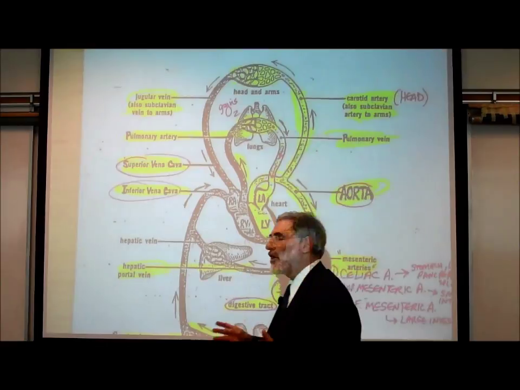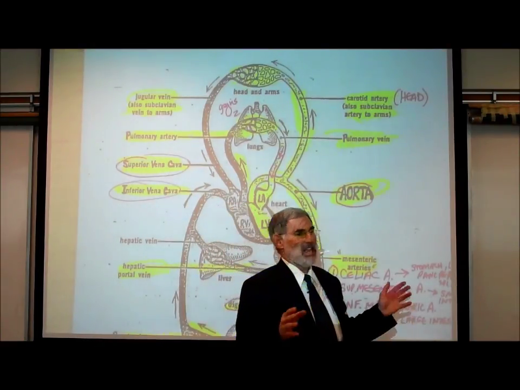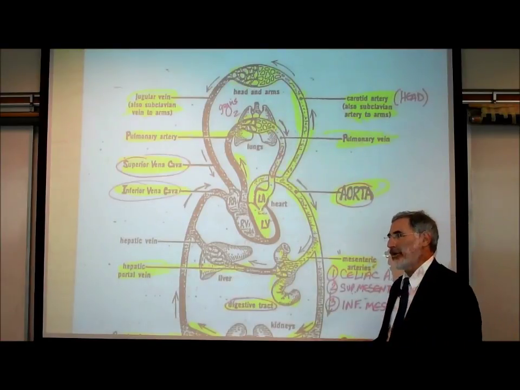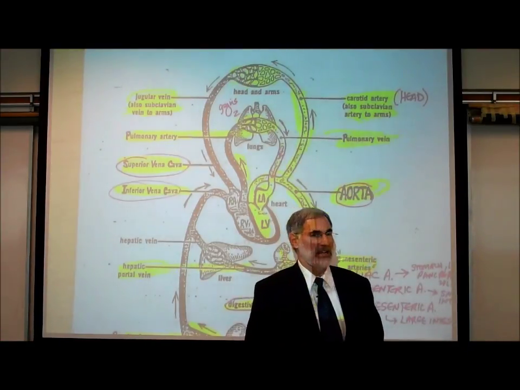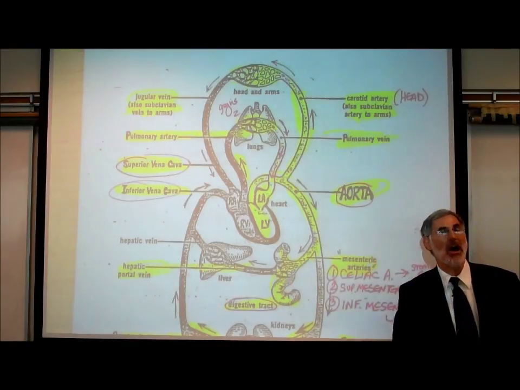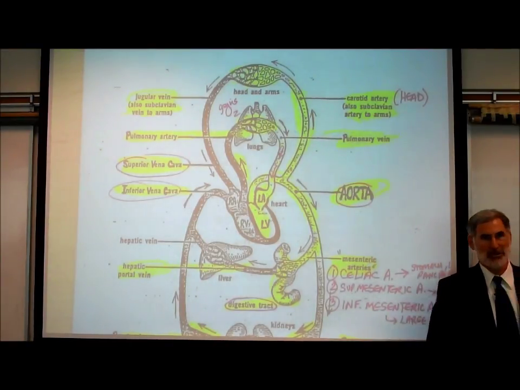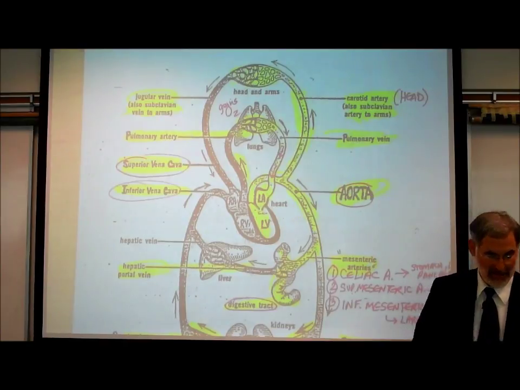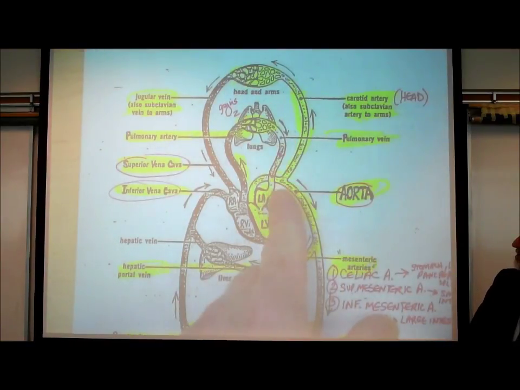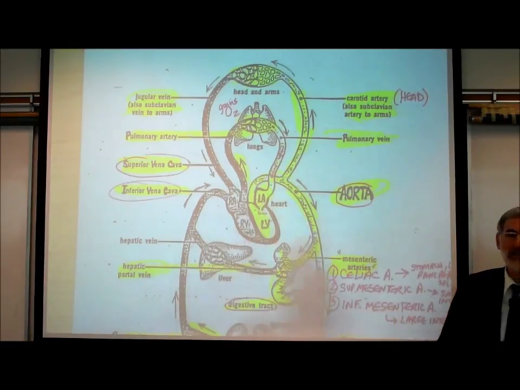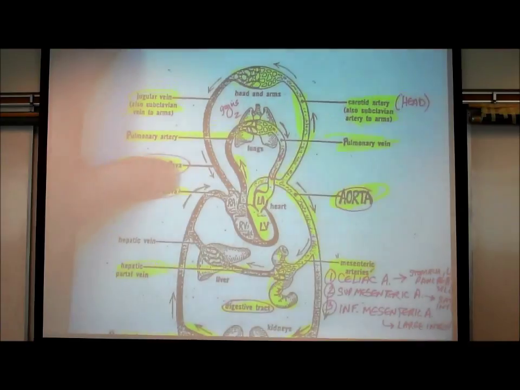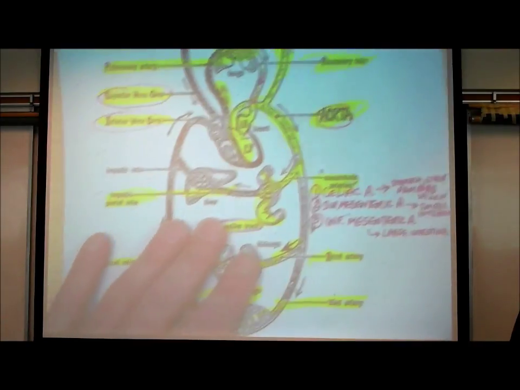So, if on the third exam, and I will, I ask you true or false, the pulmonary vein carries blood high in oxygen? True or false? It's true. The pulmonary vein is carrying oxygenated blood to the left atrium. You've got to know that.